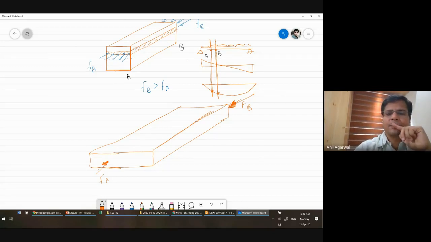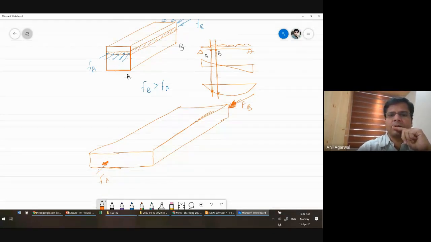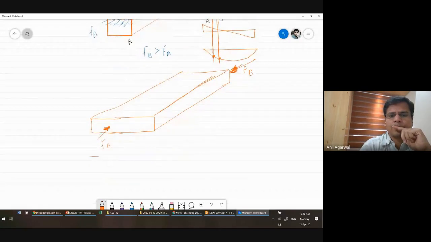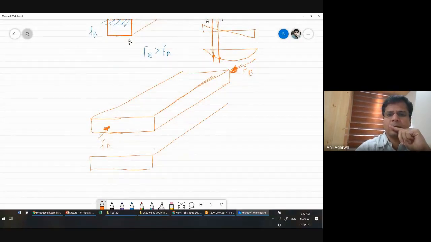And where would that additional force be coming from? That additional force will be coming in the form of shear stress between the subsequent strips. So let's say there is another strip right under this strip.